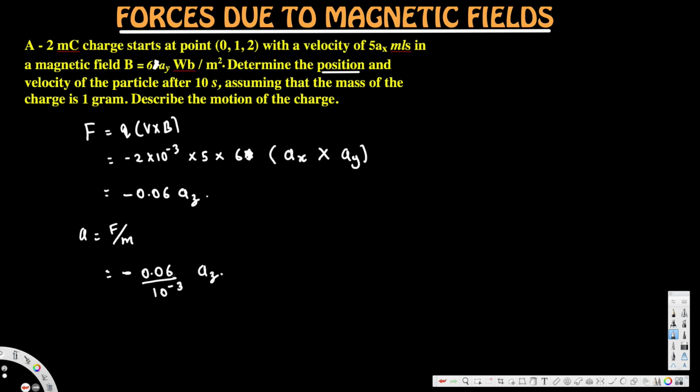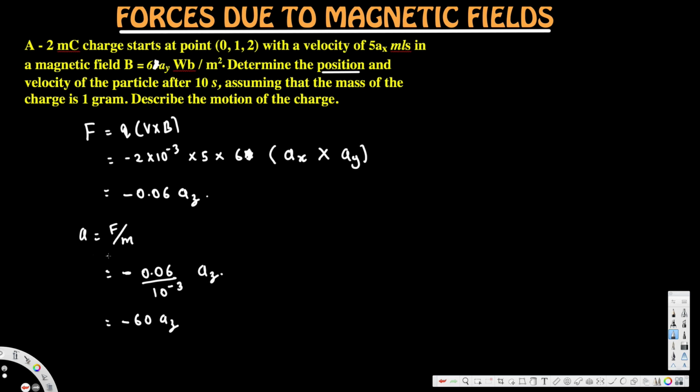If we bring the 10 to the power of minus 3 to the numerator, it becomes 10 to the power of 3. So if we multiply negative 0.06 by 10 to the power of 3, that gives us negative 60 in the negative z direction. This is the acceleration.